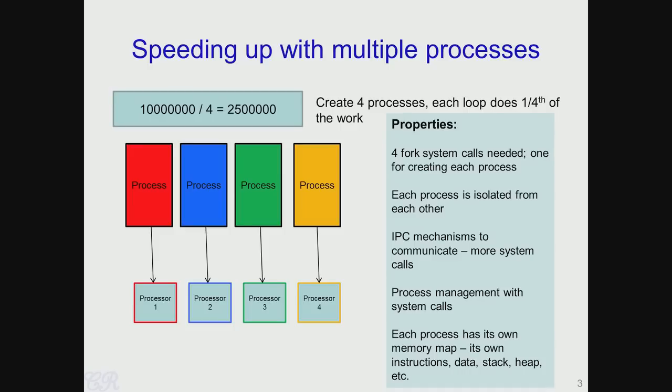What we notice from these properties is that there is a considerable number of system calls involved in solving this problem by having multiple processes perform parallelization. And as we have seen in an earlier video, these system calls have considerable overheads.